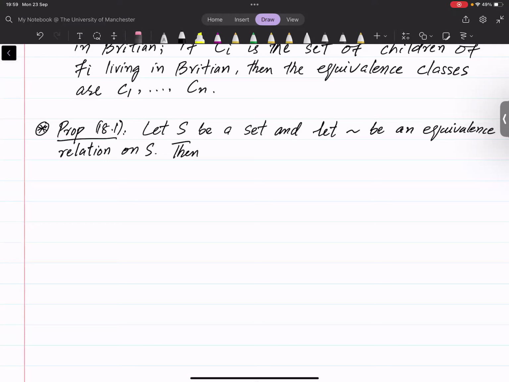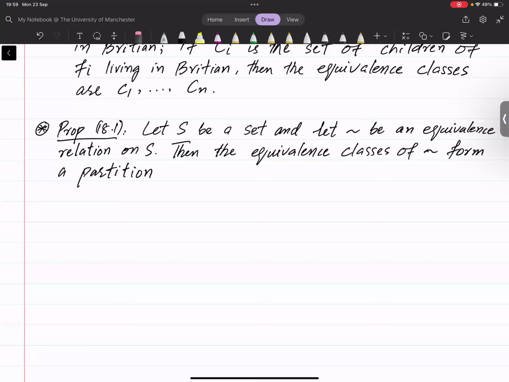Then the equivalence classes of this equivalence relation form a partition of the set S.